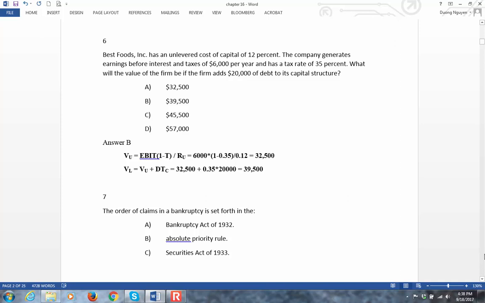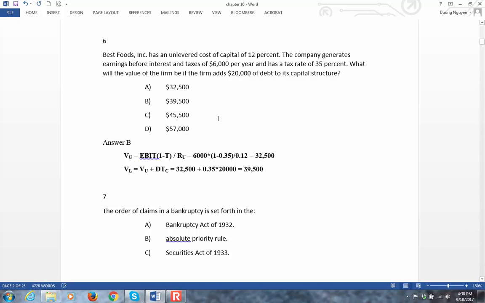What will the value of the firm be if the firm adds 20,000 of debt to its capital structure? So the unlevered value is basically a perpetuity.